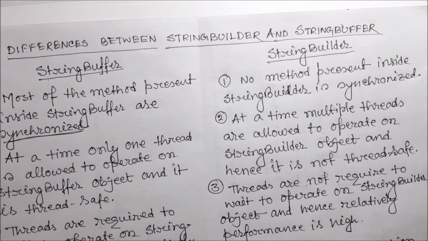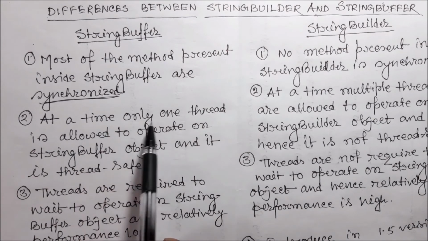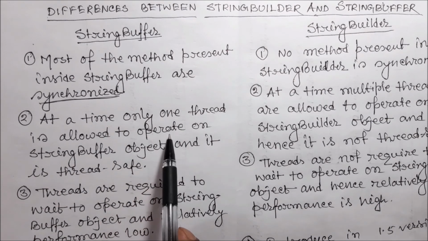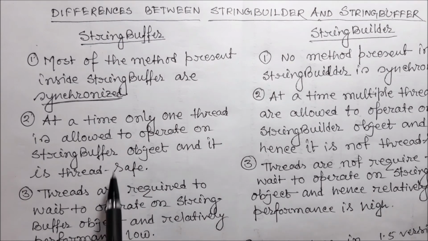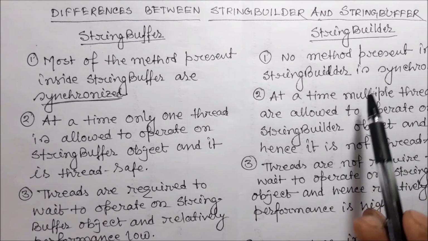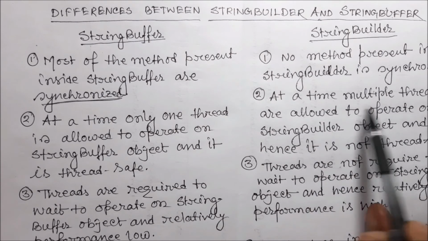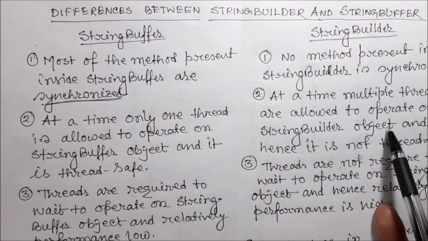The second one: at a time only one thread is allowed to operate on a StringBuffer object, and it is thread safe. But in case of StringBuilder, at a time multiple threads are allowed to operate on a StringBuilder object.